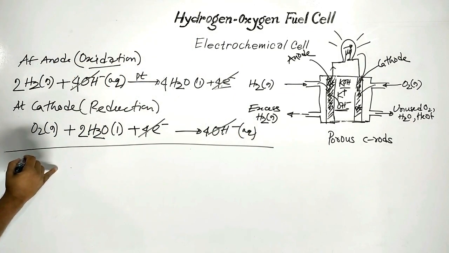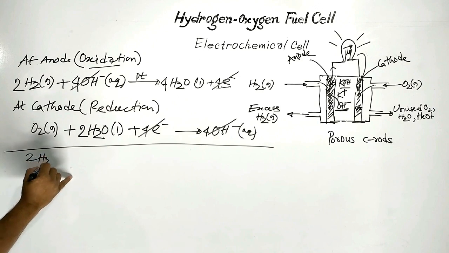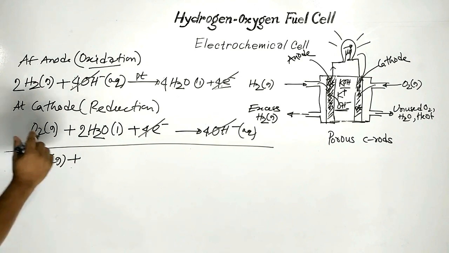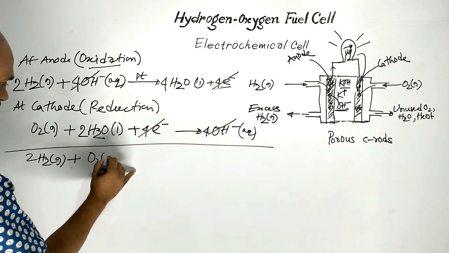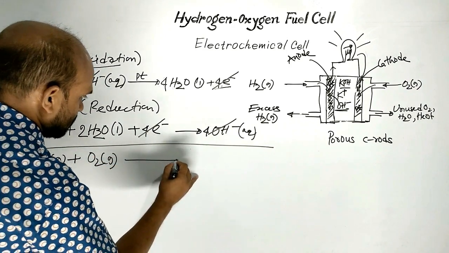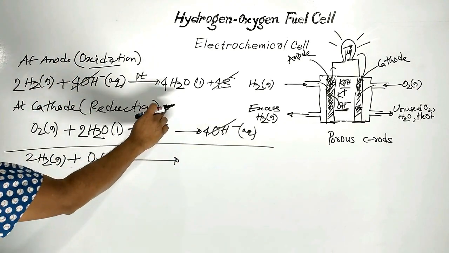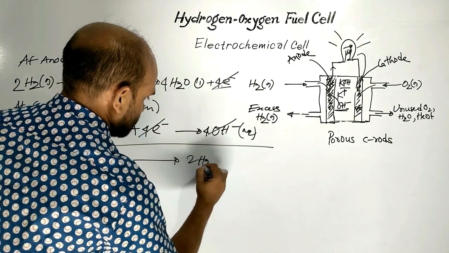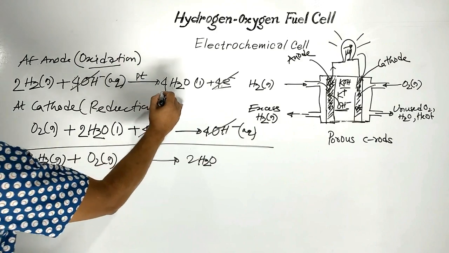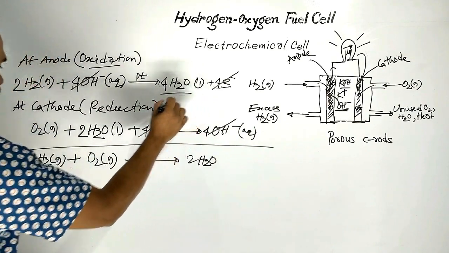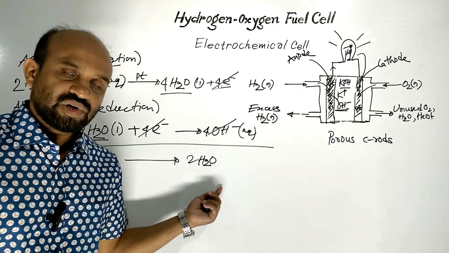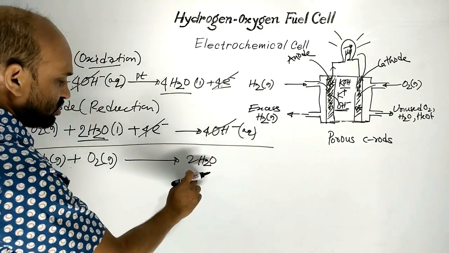Then we get 2 hydrogen gas plus oxygen gas. On the other hand, we get water, 2 molecules of water. This is 4 molecules of water, 2 molecules of water. So ultimately we are getting 2 molecules of water.